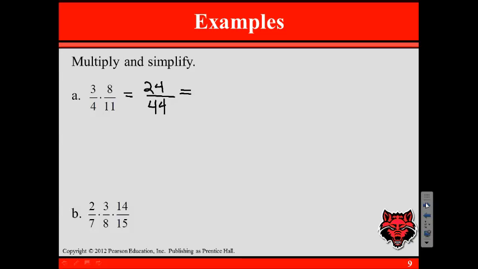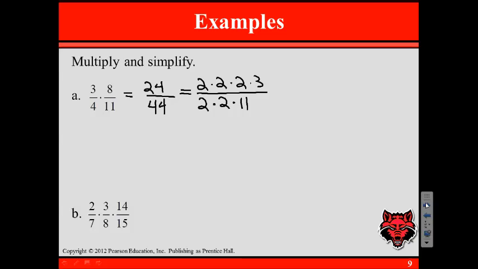So 24 is 2 times 12. 12 is 2 times 6, and 6 is 2 times 3. So we have that prime factorization. 44 is 2 times 22. 22 is 2 times 11. So now we have the prime factorization for 44.